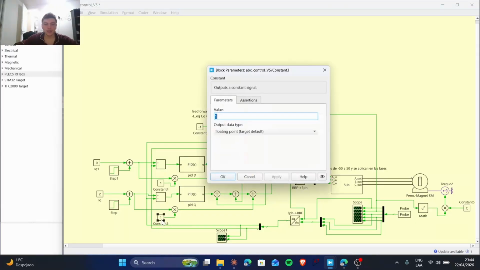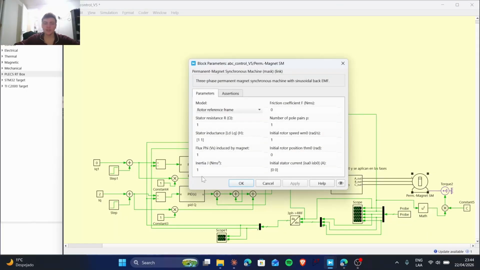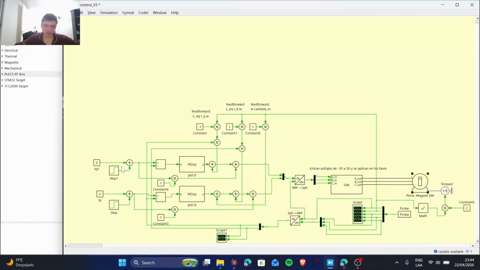This is just a 1 multiplying the reference signal, because the resistance of the machine is just 1. The same for the direct current: I want the resistance multiplying the reference current that adds directly to the actuation node, and this is the controller.